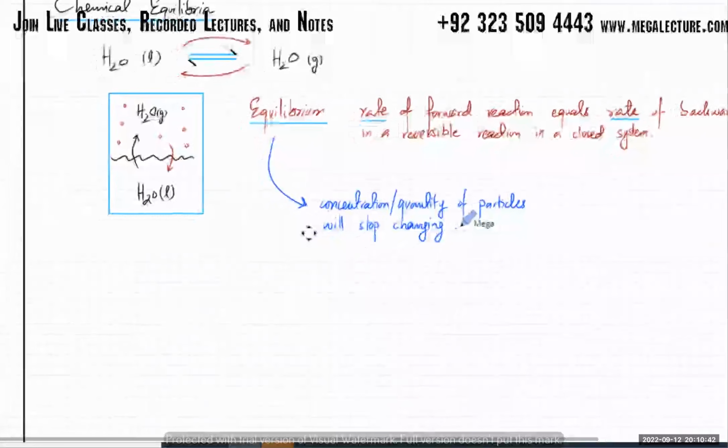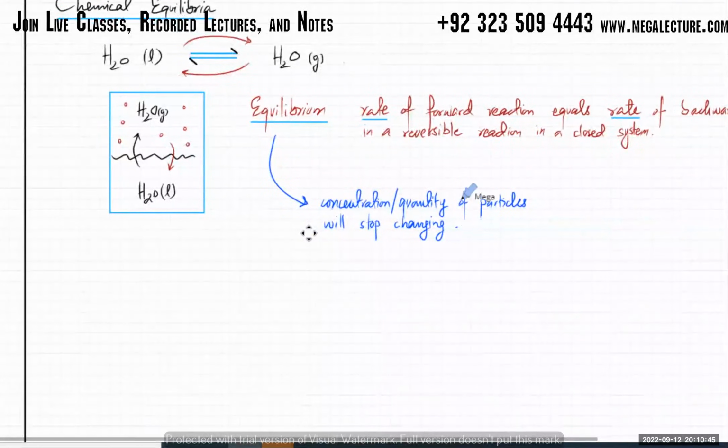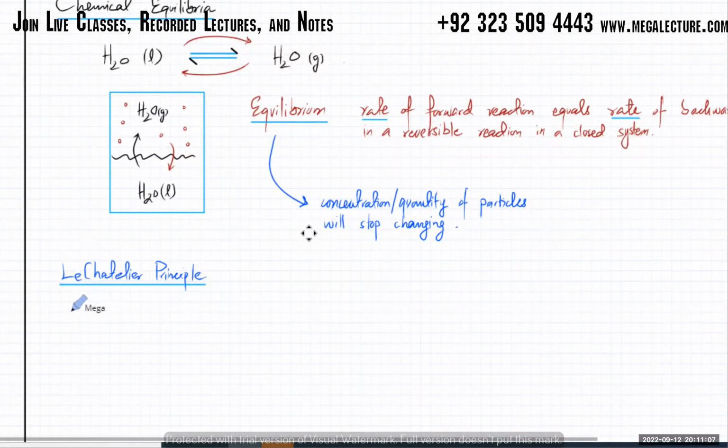But it's going to change if you change conditions, and that's known as Le Chatelier's principle. तो Le Chatelier's principle आपने पढ़ा था, उसकी definition पहले लिख लें कि, नहीं rate कह रहा हूँ, वो तो equilibrium की definition थी, इसकी है कि the equilibrium opposes any change that's introduced to the system.